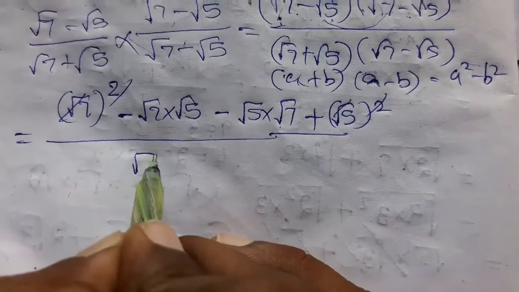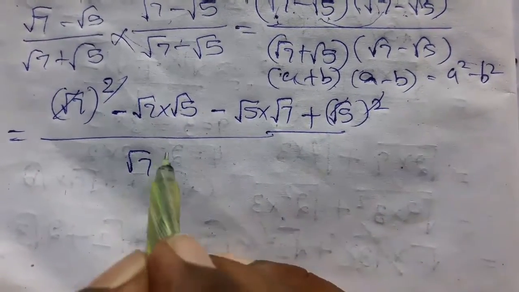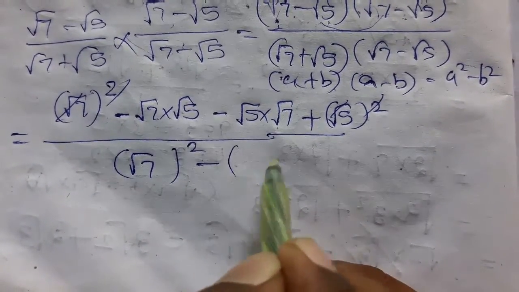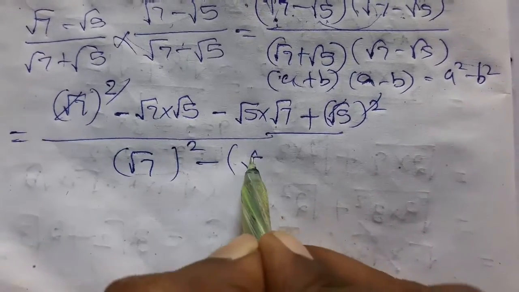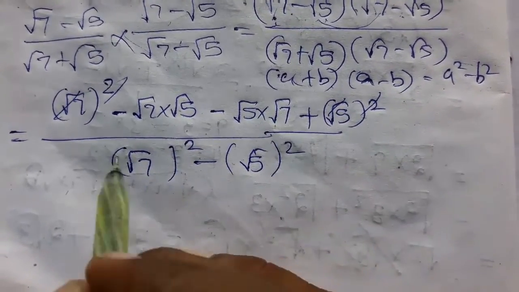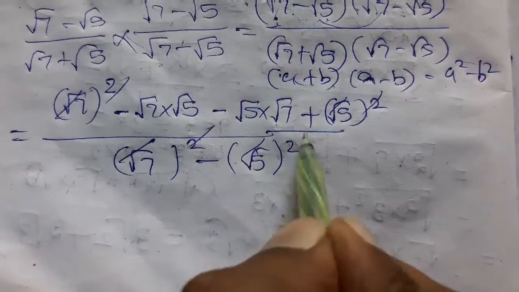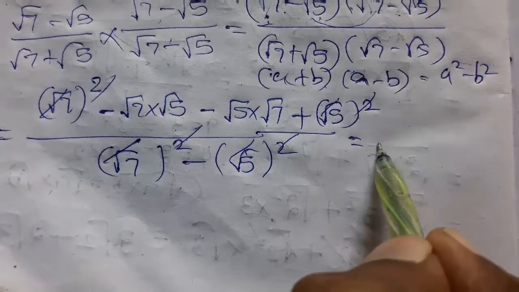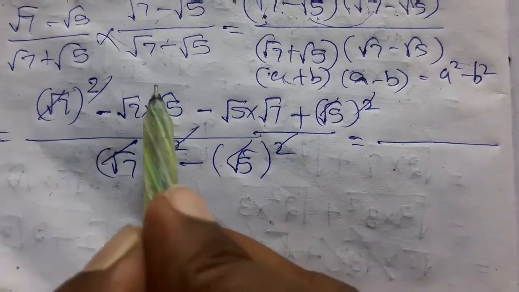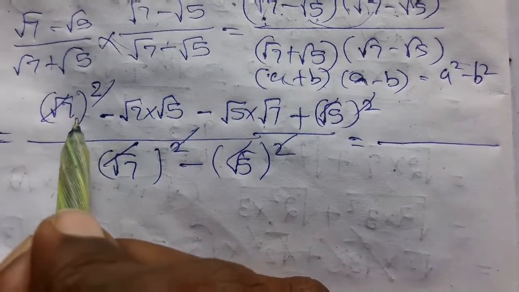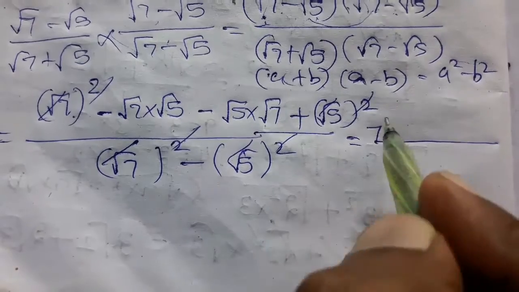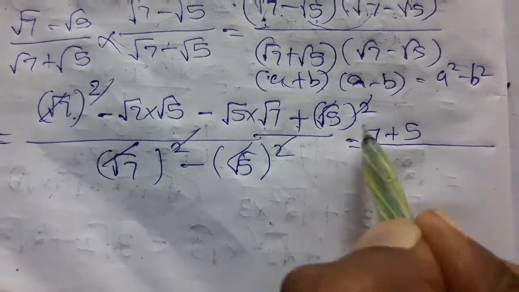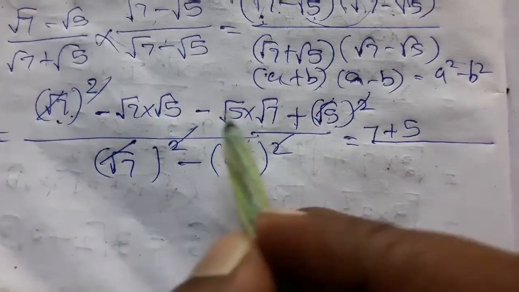Numerator; the denominator can be written, by using this formula, a whole square minus b whole square. That means root 7 whole square minus root 5 whole square. This root and square cancel, isn't it? That equals 7. Next plus 5, I am writing these two terms near.